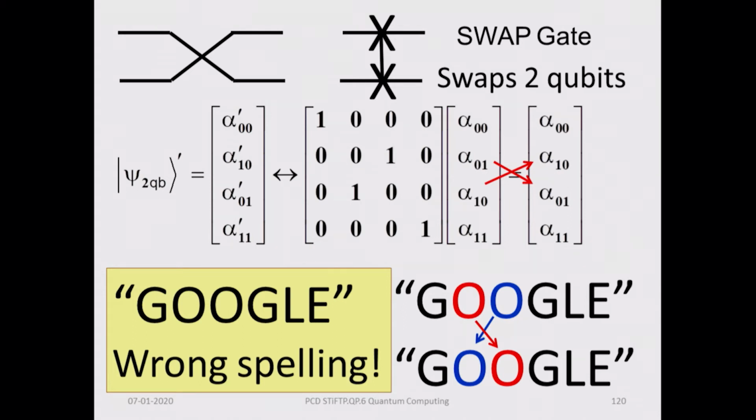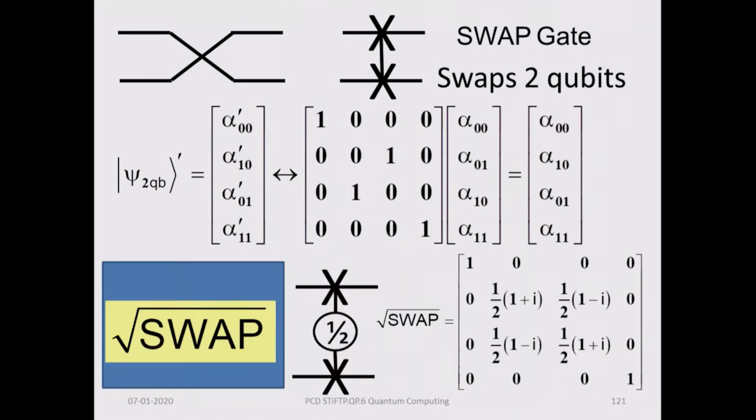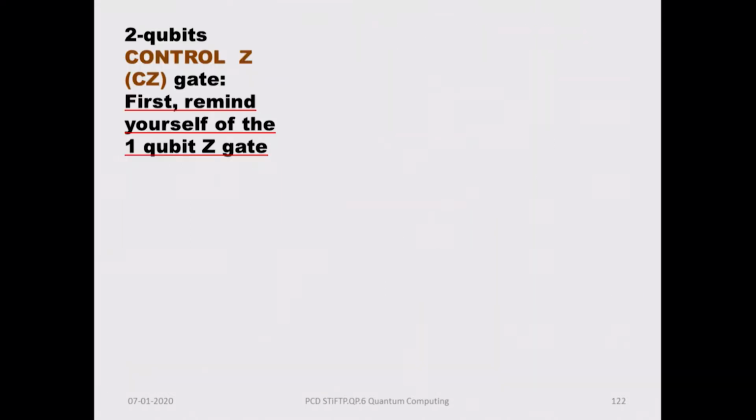All right. So, the swap gate has real impact. All right. Then you can define the square root of the swap gate, and I will let you verify this, because if you just take the square, you will find that it will give you the matrix for the swap gate. So, these are some of the major 2 qubit gates.